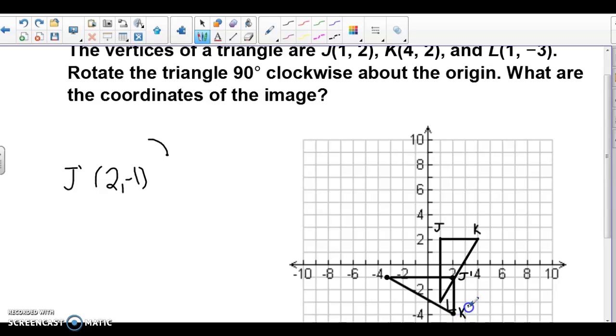So K prime is at 2, -4. And then finally L prime is over here, and that's at -3, -1. It's a little bit off because the graph isn't completely square, but it's -3, -1, and that is L prime.